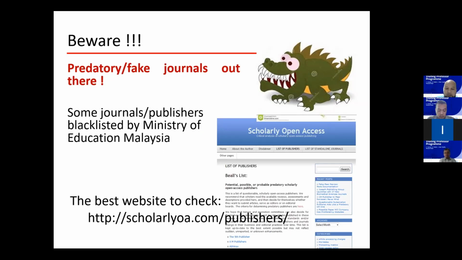So be careful. The safe way is to submit to a well-known journal, for example under Elsevier or under IEEE. That is the safest way. But if there are journals that are not under Elsevier or IEEE, you need to be careful, because there are many predatory journals, they just want to get money.